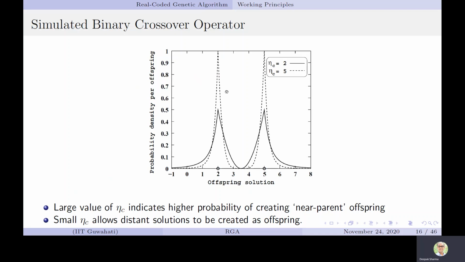If we increase the eta c value, the area under the curve remains the same for both the solid and dashed lines, but since eta c is increased, you can see the peak going higher. This suggests that if we increase the value of eta c, the offspring will be created closer to the parents, meaning one offspring solution will be generated close to 2 and another closer to solution number 5.